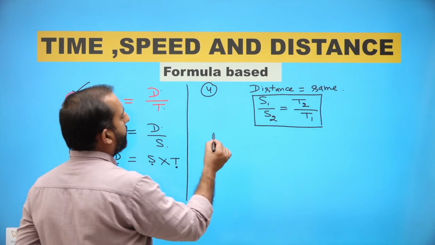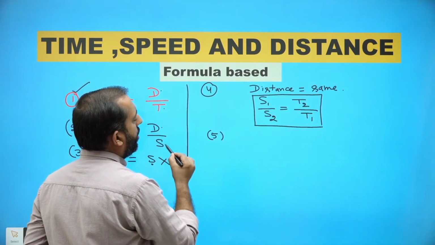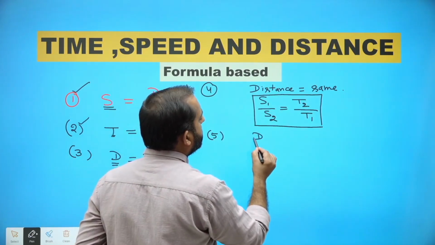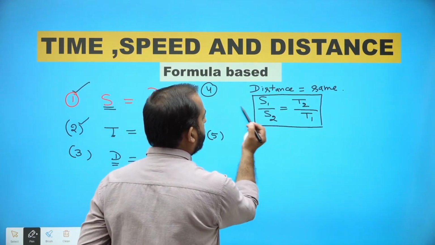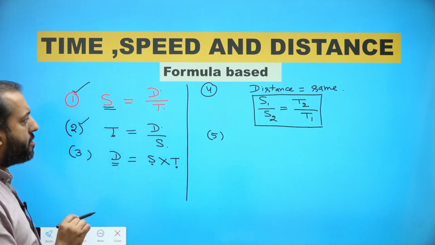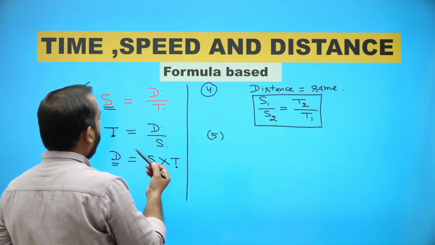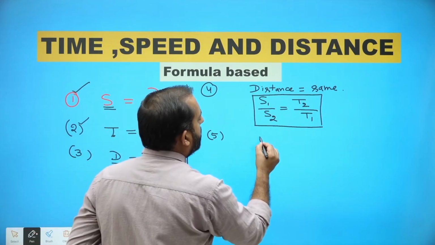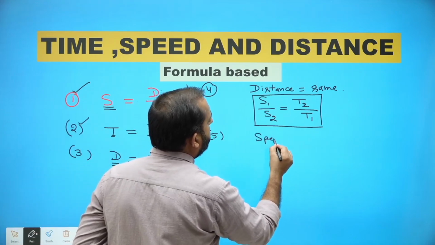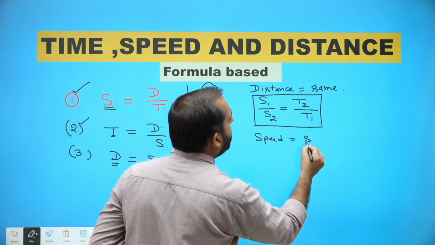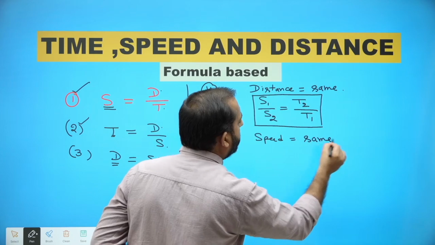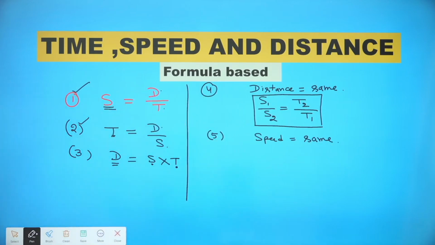Point number 5: distance constant has been discussed. Now suppose the speed in two different scenarios remains the same or constant.